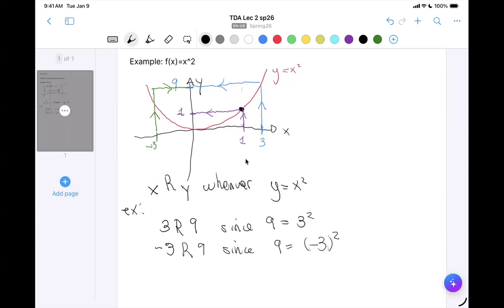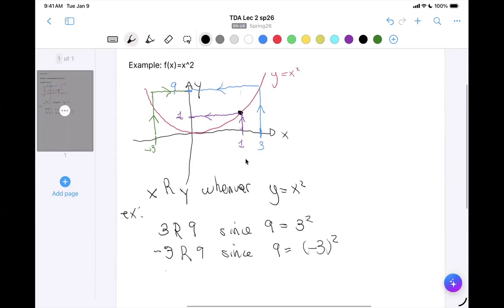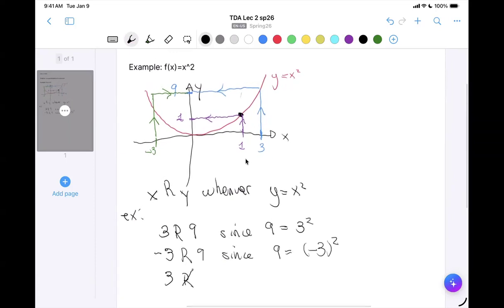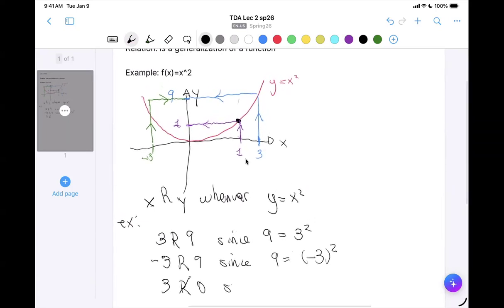But three is not related to zero, because zero is not three squared. Usually when you want to say that something is not related, you cross it out: this is not related to zero, since zero is not three squared.